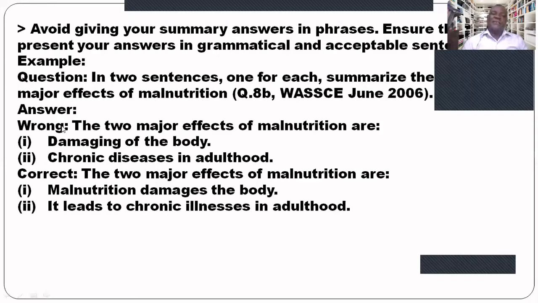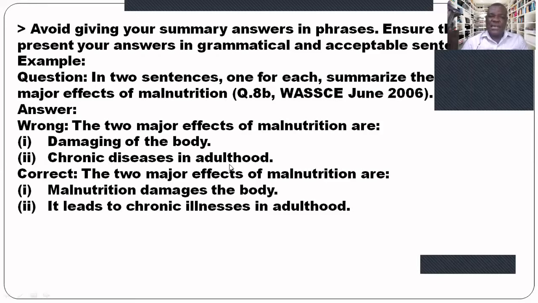All right? And some candidates presented these wrong answers. The 2 major effects of malnutrition are I, damaging of the body, II, chronic diseases in adulthood. Now, the error in this kind of answer is that what you have presented here is a phrase. Damaging the body is not a sentence.